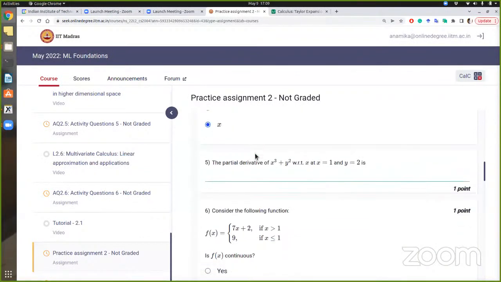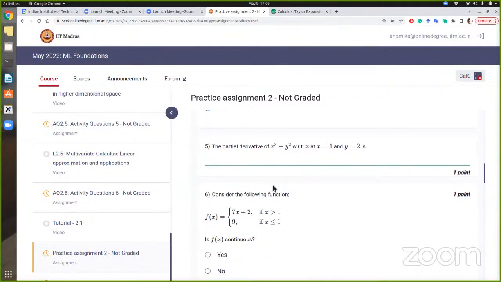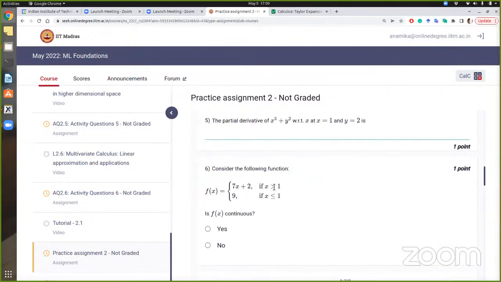Okay, partial derivative of this with respect to x, what will that be? Partial derivative with respect to x will be 3x square, and with respect to y will be 3. Okay. Is this function continuous? Yes.